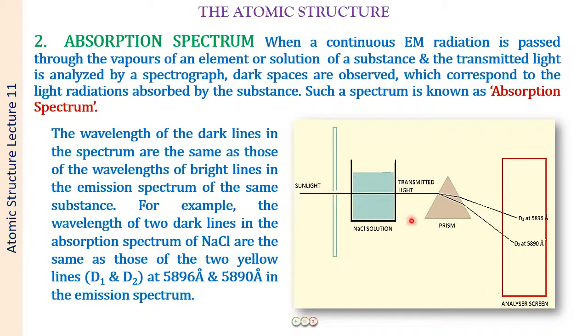In the case of sodium chloride, if you remember, the two yellow bright lines were seen at what wavelengths? 5896 and 5890 Angstrom. Similarly, in this absorption spectrum, you will see two dark lines at the same wavelengths in an otherwise continuous spectrum. So the dark lines of the absorption spectrum are the bright lines of the emission spectrum. I hope you can understand what an absorption spectrum is now.